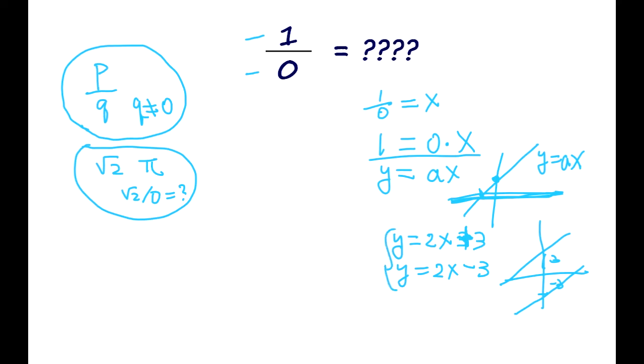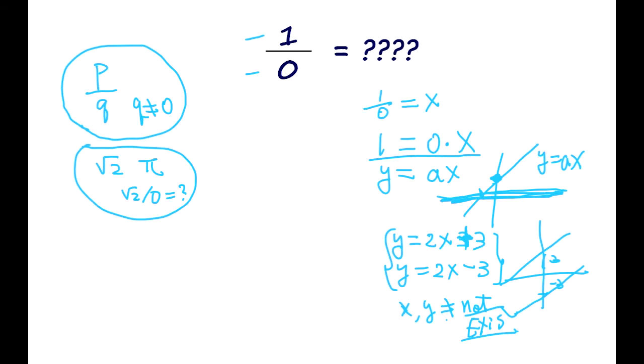If you tell me I want numbers x and y that satisfy these two equations, they don't exist. Same thing here. You tell me 1 over 0. 1 over 0 is asking for the intersection of this line and the dot here. It doesn't intersect, so it doesn't exist. So that's not a number.